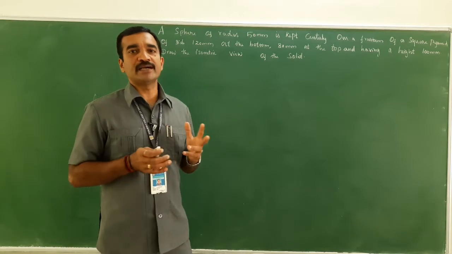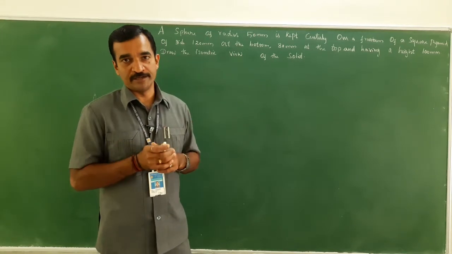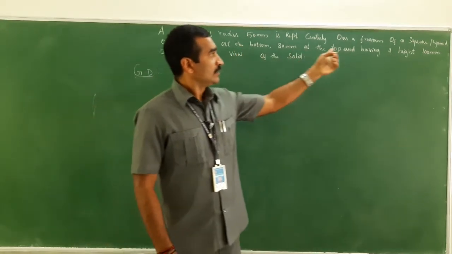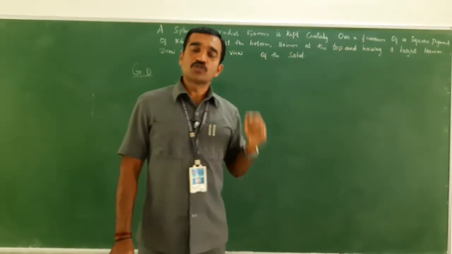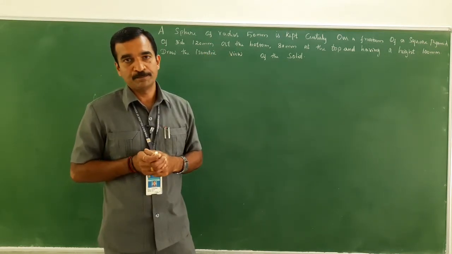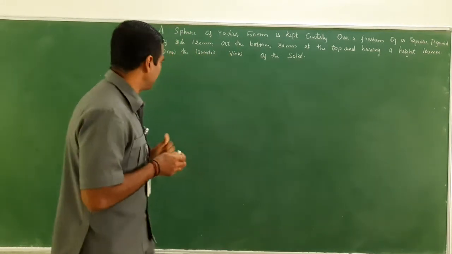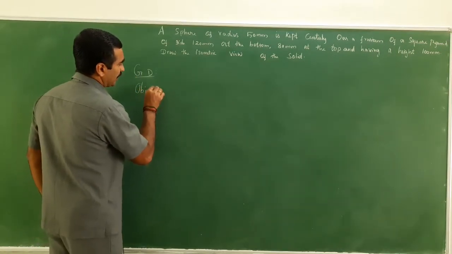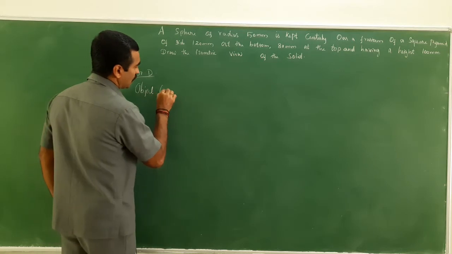This is nothing but a compound solid or combined solid, right? Here, over a frustum of a square pyramid, a sphere is being centrally placed. Here the object is a combined solid.